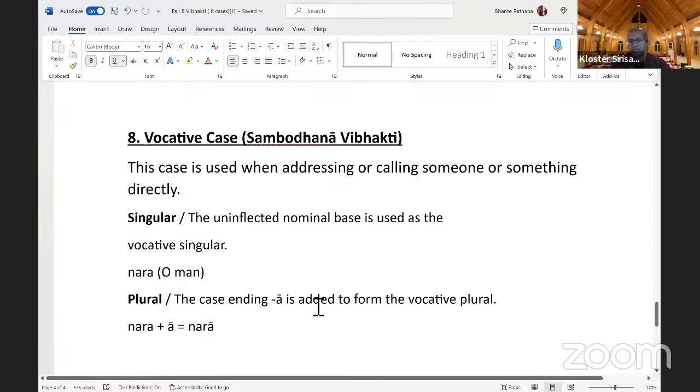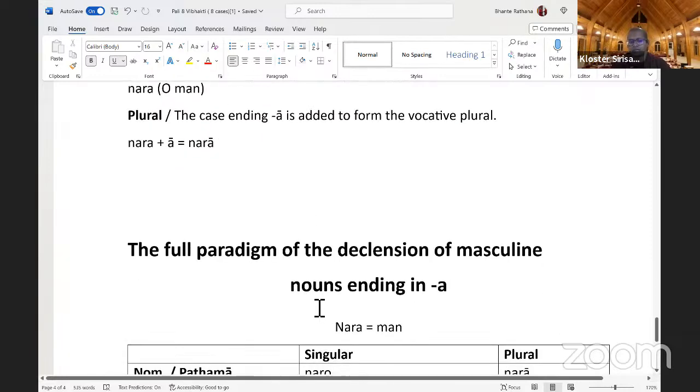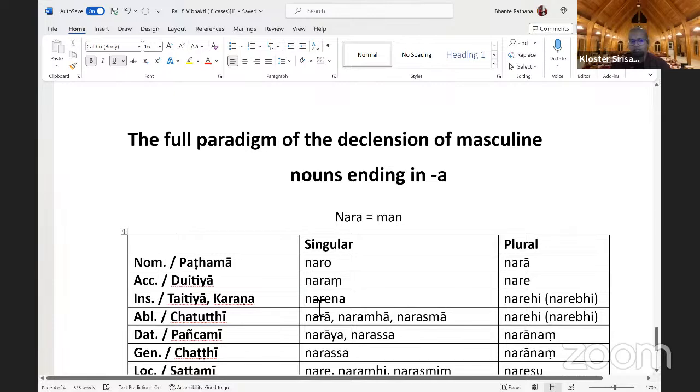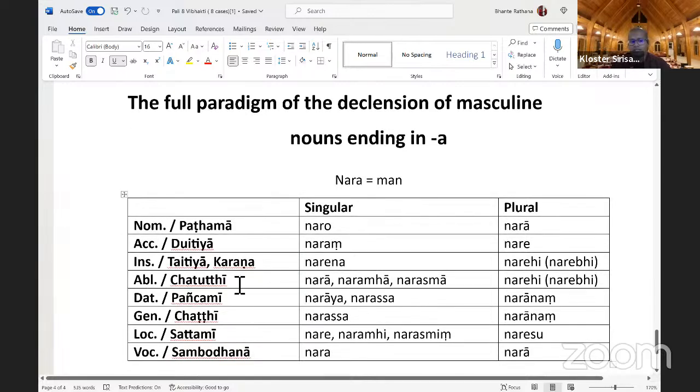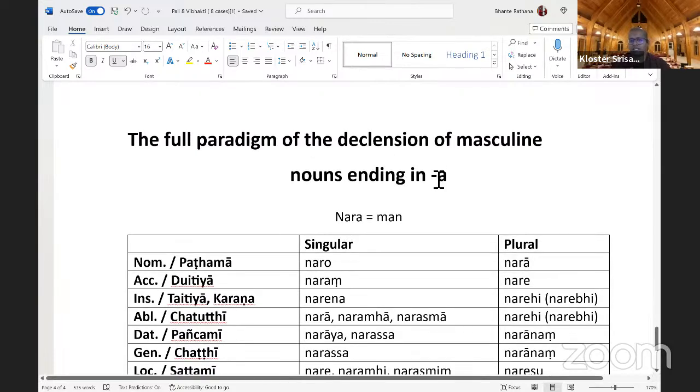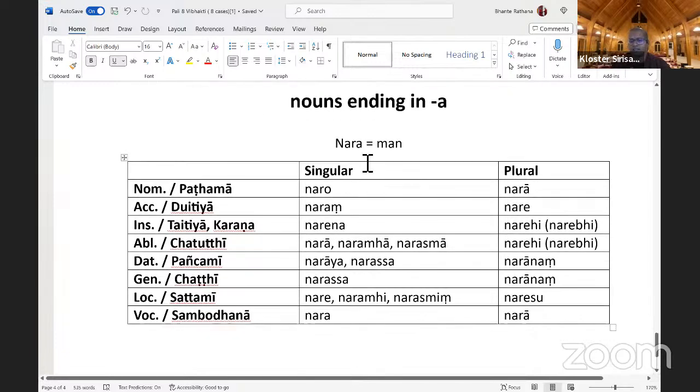These are the eight cases, and you can later read one by one and understand each one clearly. And here is how the eight cases perform in declension. The full paradigm of the declension of masculine nouns ending in a, like nara. Nominative, pathamā: naro, narā. Accusative, dutiyā: naraṃ, nare.